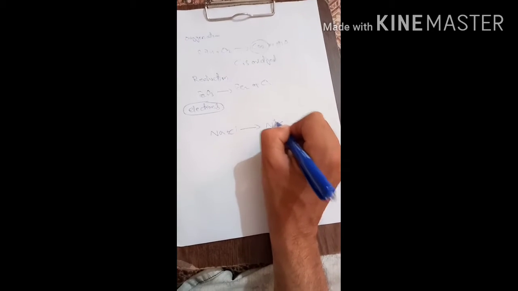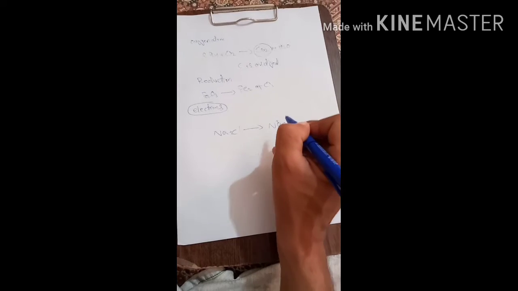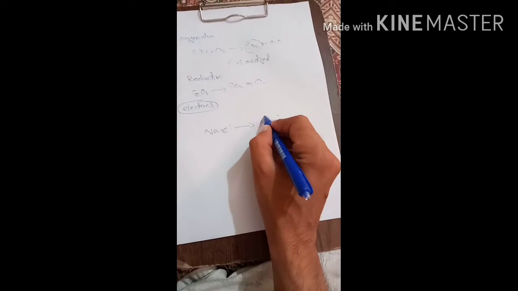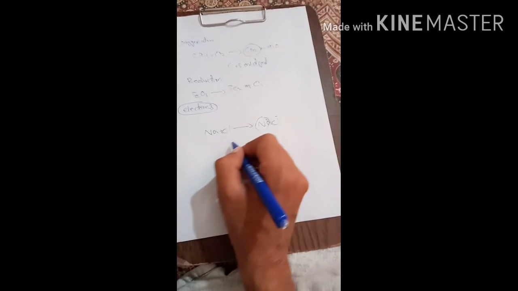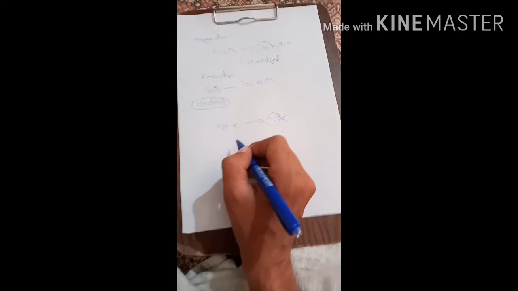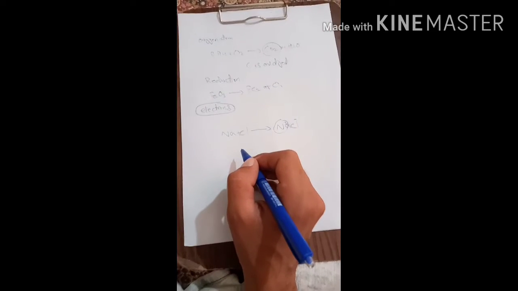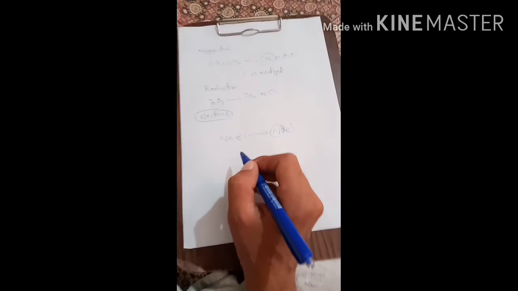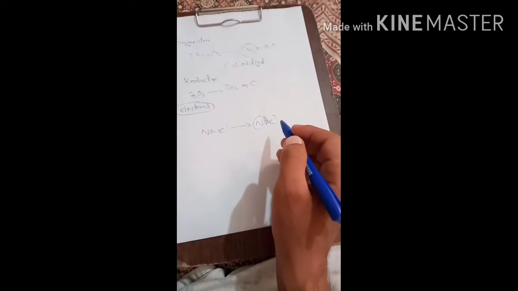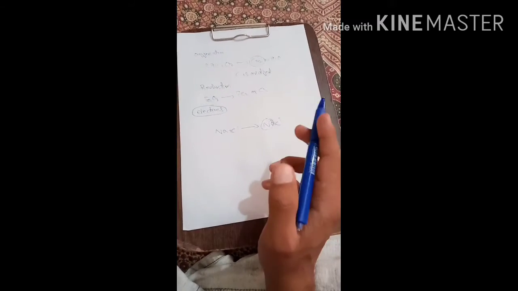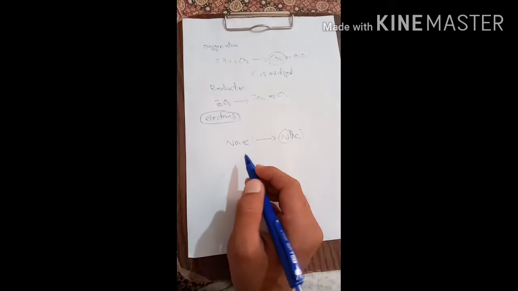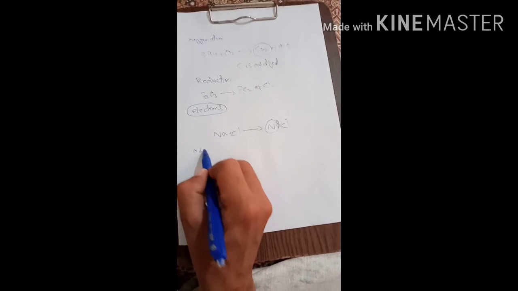So Na is positive and Cl is negative. Na is oxidized because it loses the electron, and Cl has a negative charge, so it gains an electron and is reduced.